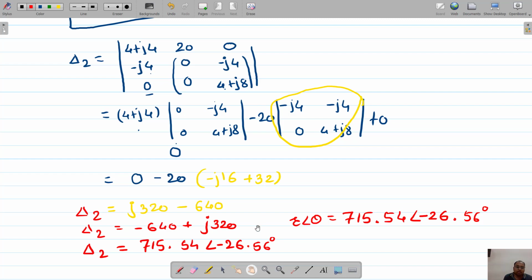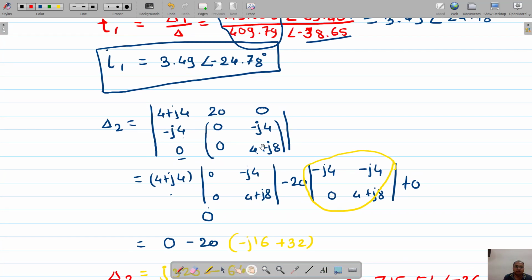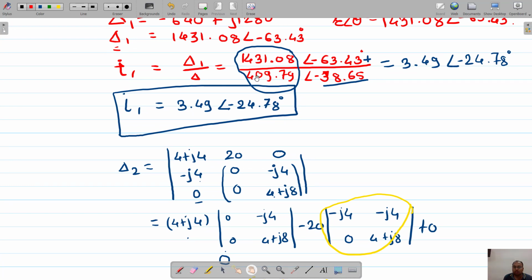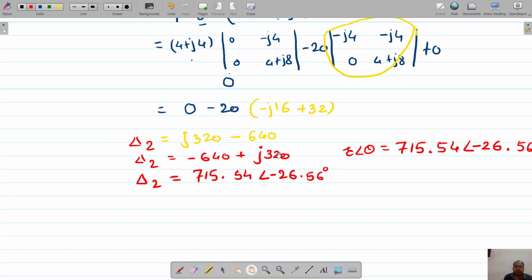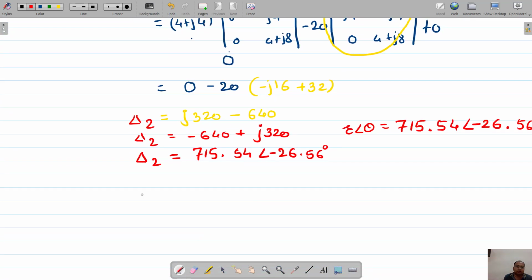Now again recall the value of delta. We are going to divide by delta, which is 409.79, angle minus 38.65. We are going to use it the same way over here in order to calculate I2. So I2 can be calculated as delta 2 divided by delta. This is nothing but Cramer's rule.